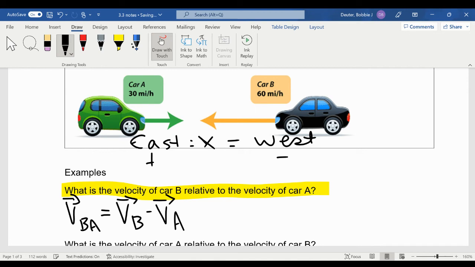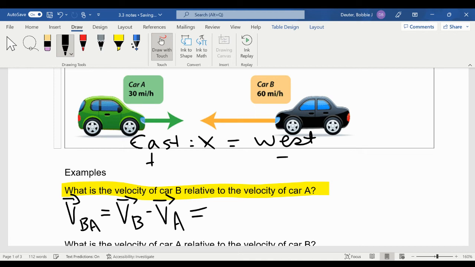Remember, I am in car B and don't feel any motion. That's why sometimes when you look down at your speedometer, you're going a lot faster than you think, because you're not feeling that inertia or that motion that's occurring to you.